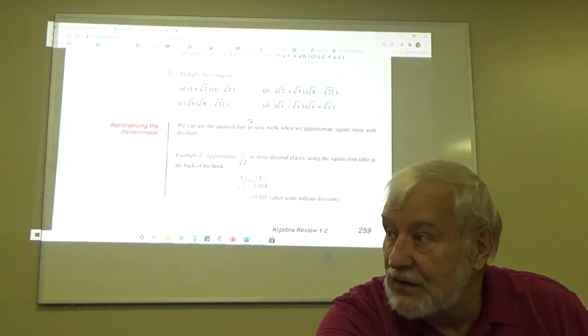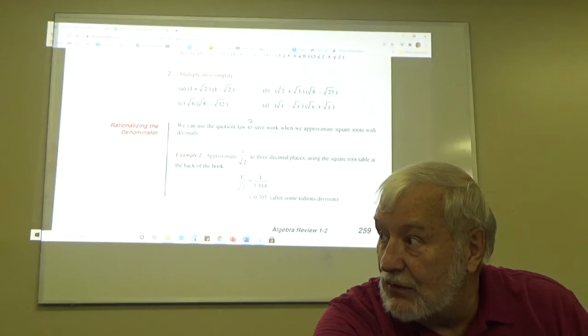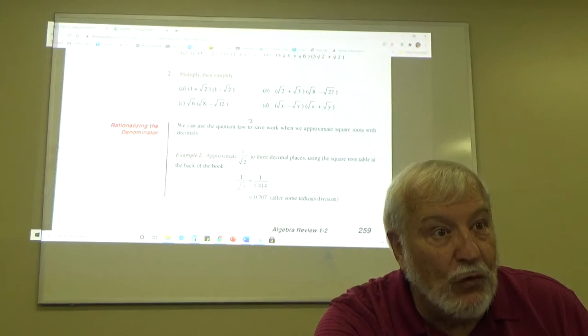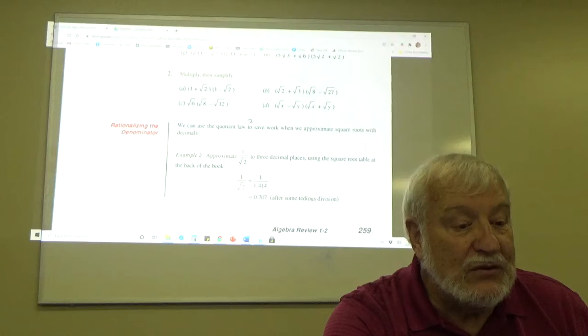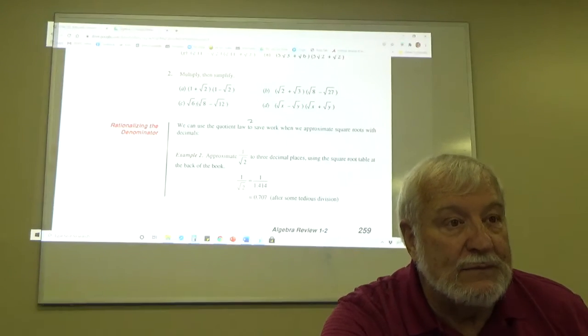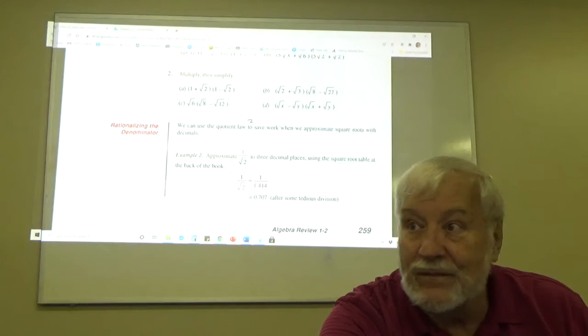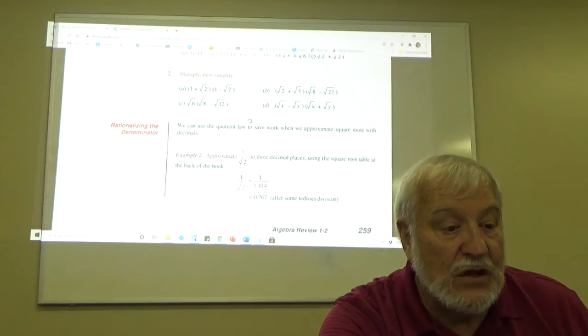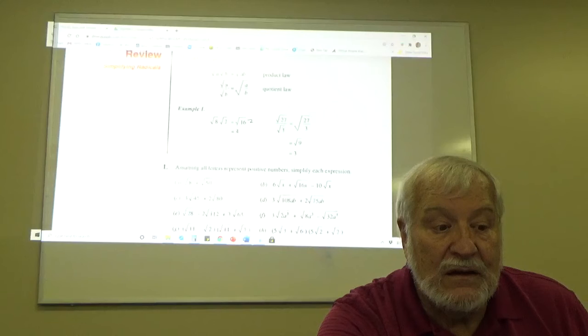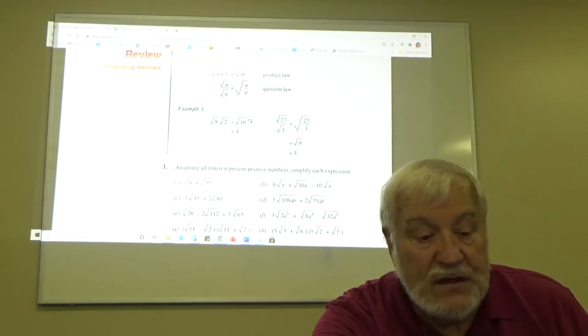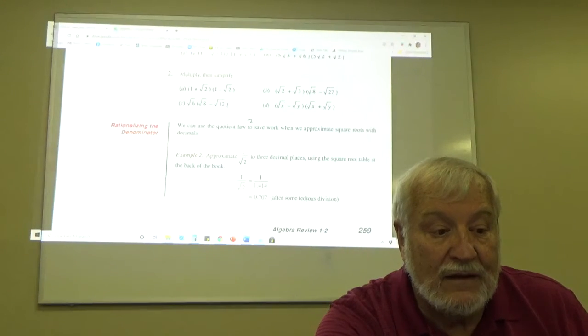What's left here if I take a 2 out? 4. Square root of 4 works, right? So that is going to be 2 times 4 times square root of 3, or 8 square root of 3 for this part. All right, and so this splitting of square roots is how you simplify.